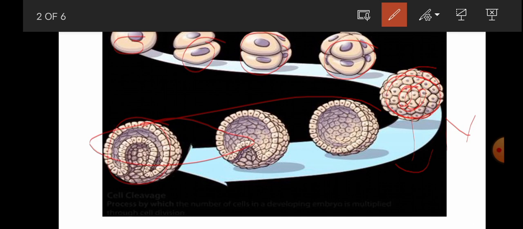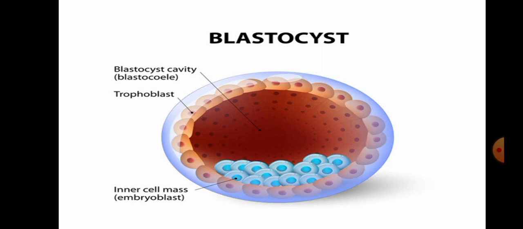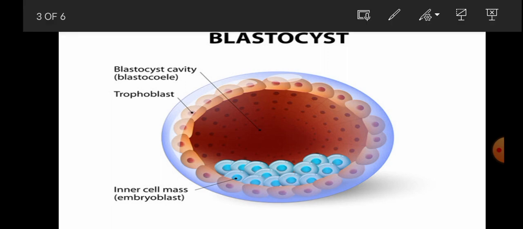Now how is the blastocyst formed? See, this 16 cell stage, that is morula, has compact cells. The uterine fluid will diffuse into the intercellular spaces and separate the cells, and a cavity forms in between the cells. See here the structure of the blastocyst.